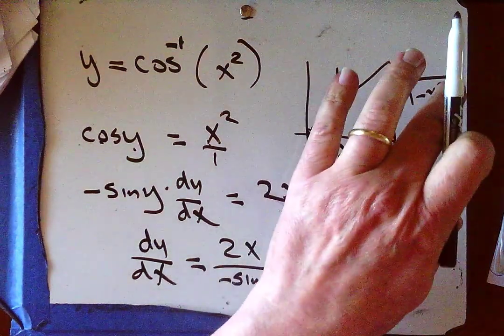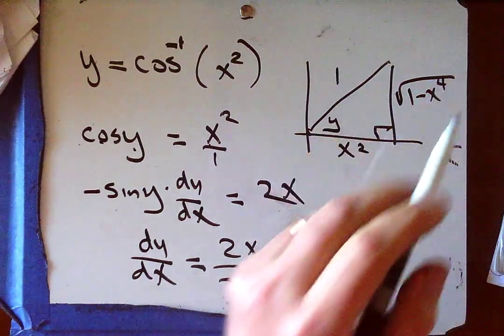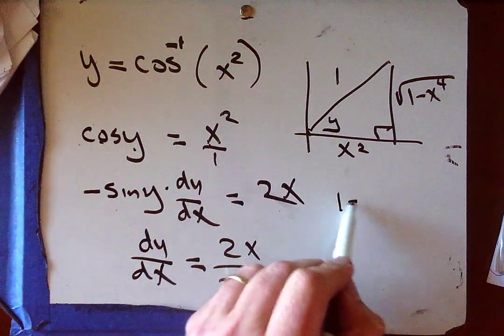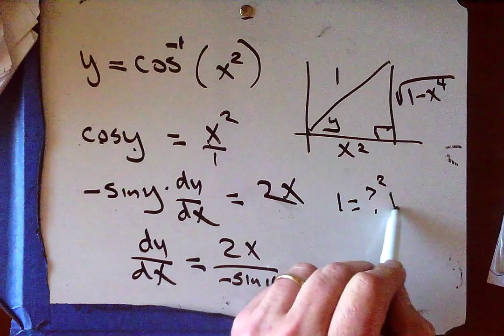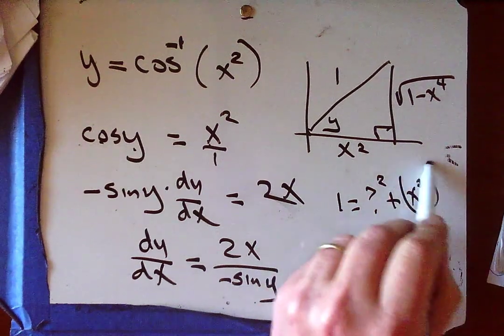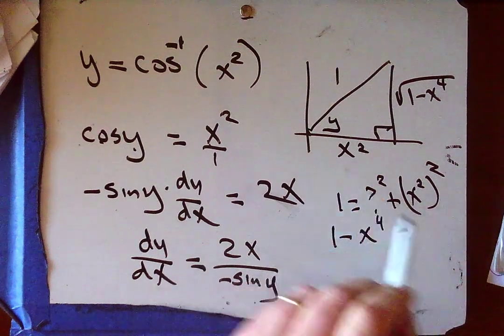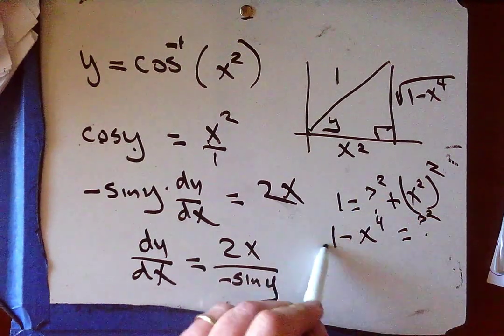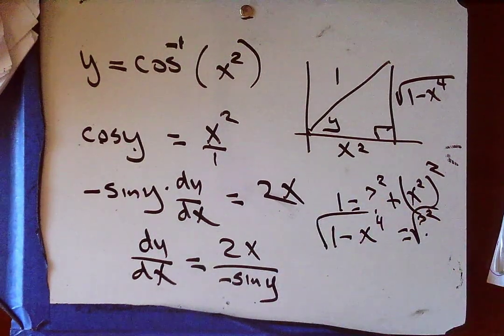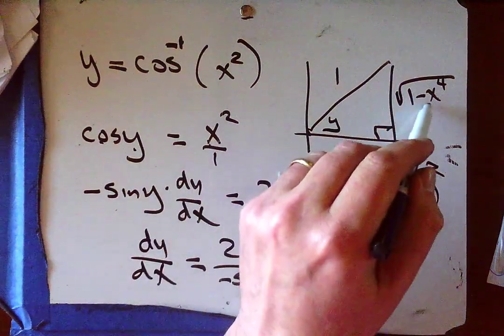No, x to the 4th. It could actually be worth your while to do, because then you see that 1 minus x to the 4th equals question mark squared. And then we take the square root of both sides. So that's how I get that.